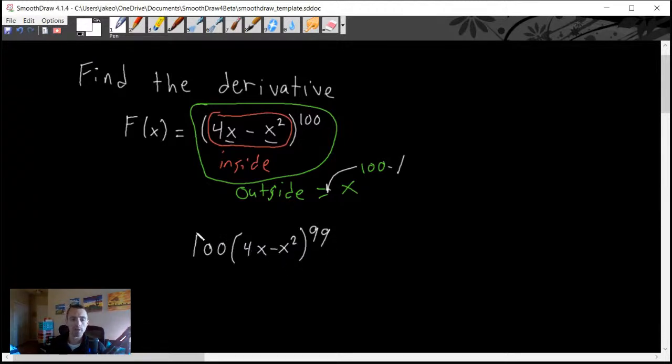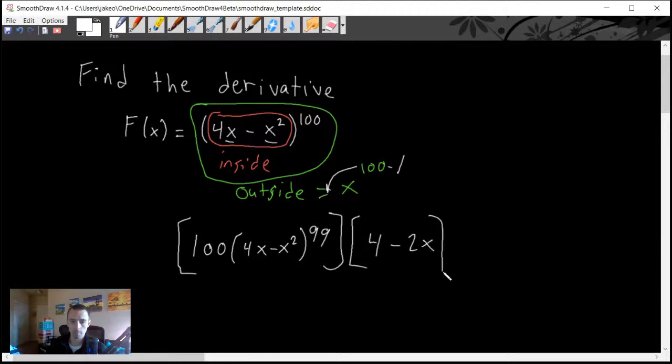And then we need to multiply this whole thing by the derivative of our inside function. So the derivative of 4x minus x squared is just going to be power rule again. Derivative of 4x is 4, minus the derivative of x squared, which is 2x.